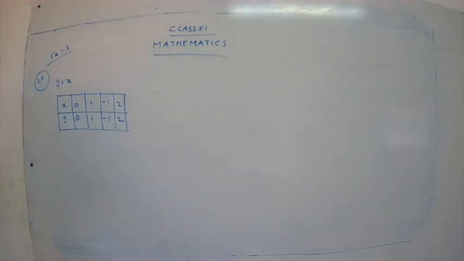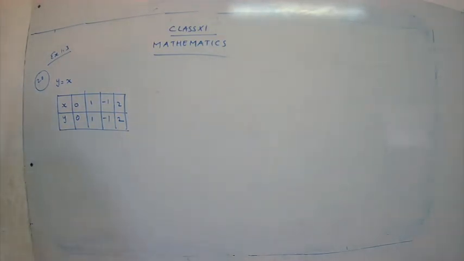So I have just completed the table for y is equal to x. So this is what type of representation, children? This is a tabular representation. So we are representing a function in the form of a table. We have studied the different ways of representing a function. Okay, now let's come to the next one.